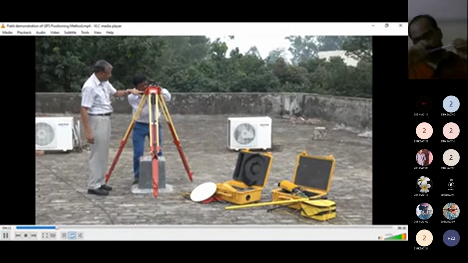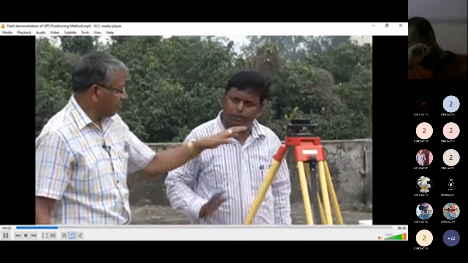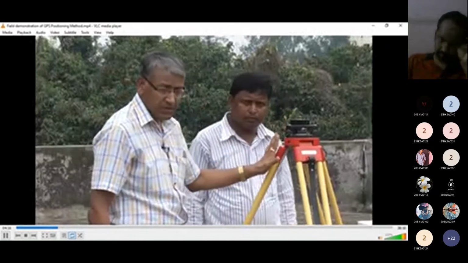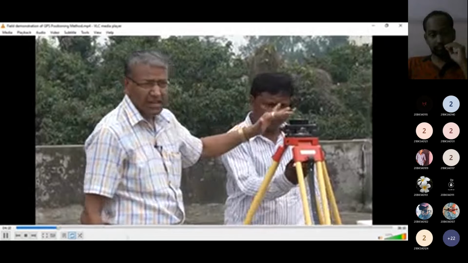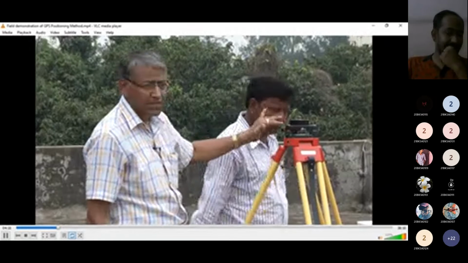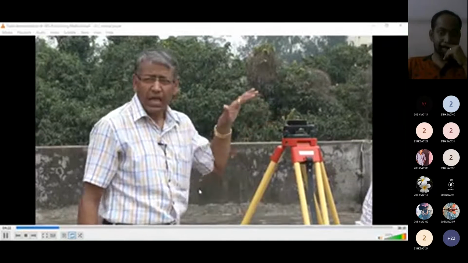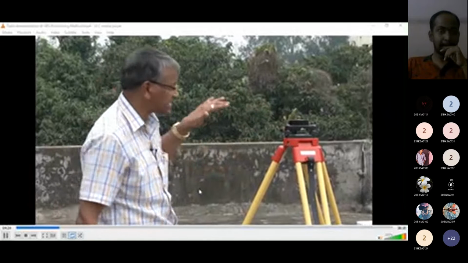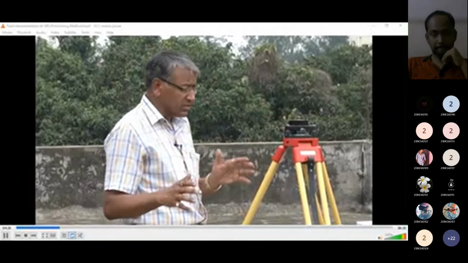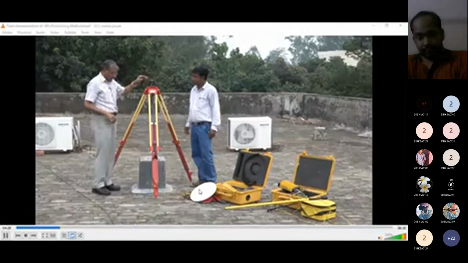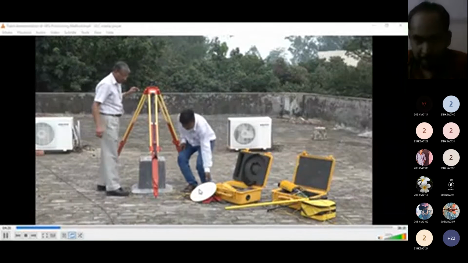Now we have to check whether centering has been done. Now this has been centered properly as well as leveled. This is a very important operation to reduce the amount of error, as I had discussed in the errors in GPS observation class. Now we will fix the antenna.